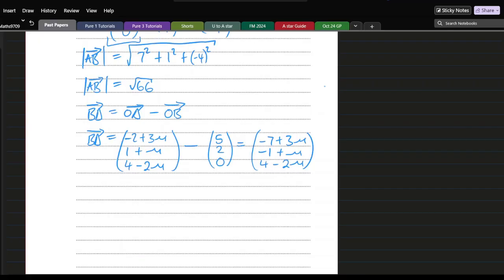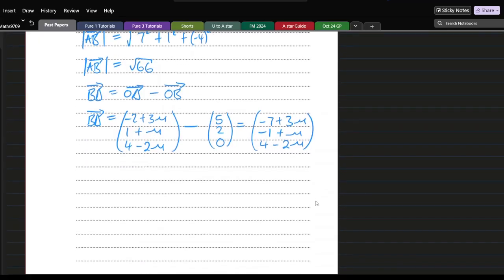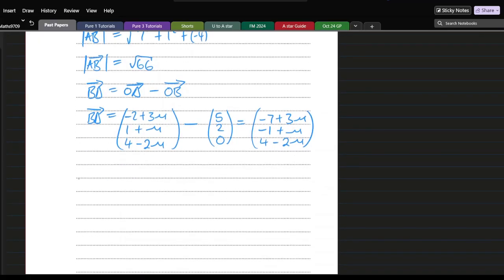These are the coordinates for BD. Now we have to find the magnitude of BD with those coordinates. So the magnitude of BD is the square root of (-7 plus 3 mu) squared plus (-1 plus mu) squared plus (4 minus 2 mu) squared.